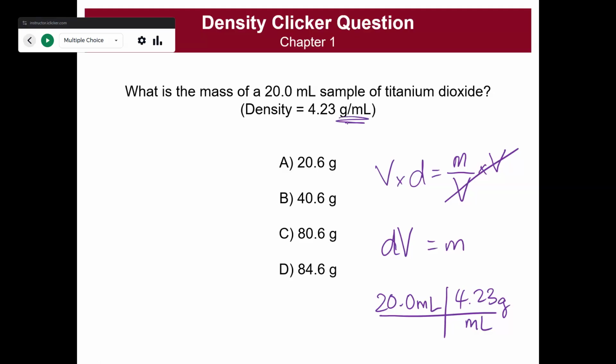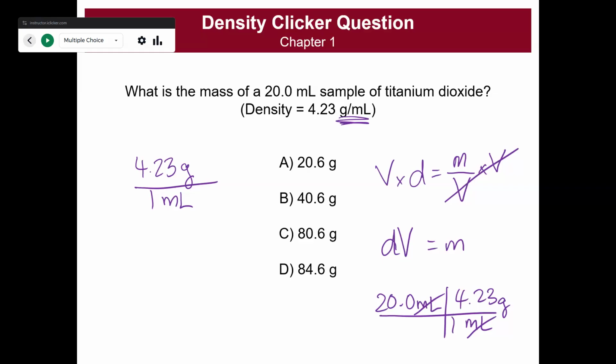Whenever you see a unit like this, grams per milliliter, know that the 4.23 stays with the grams, but per milliliter is like saying over 1 milliliter because the 1 doesn't count, right? So 4.23 over 1 is still 4.23. So we get 4.23 grams over milliliters, but there's a 1 implied there. So that 1 implied lets us cancel out our milliliters, so we just get a mass.